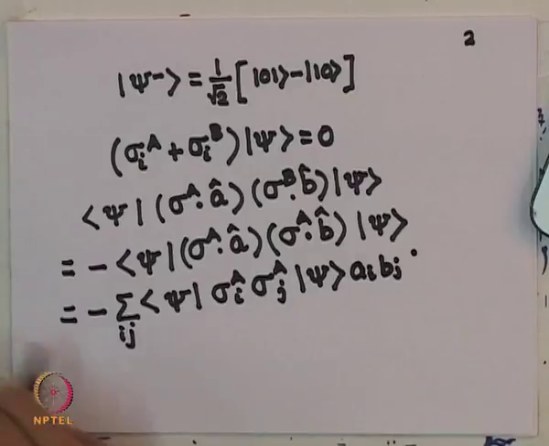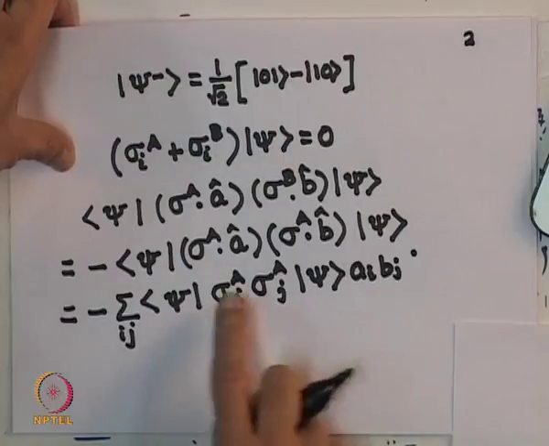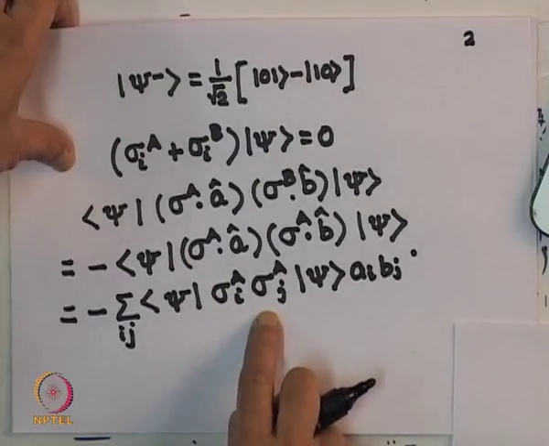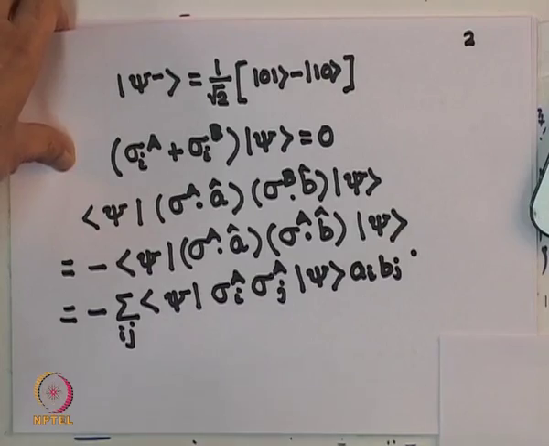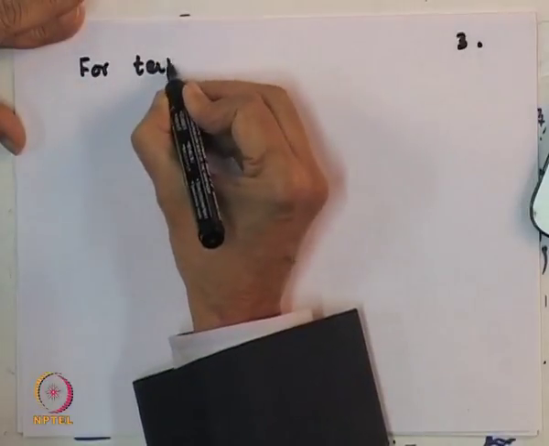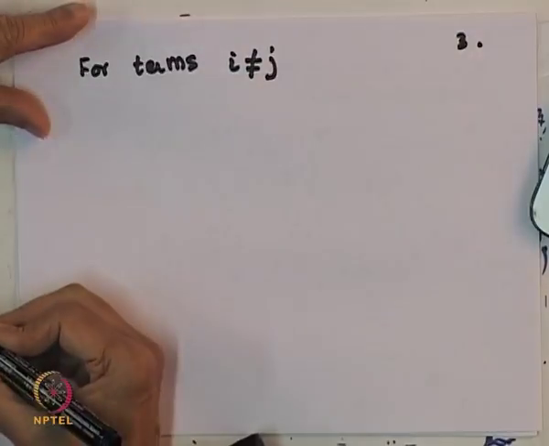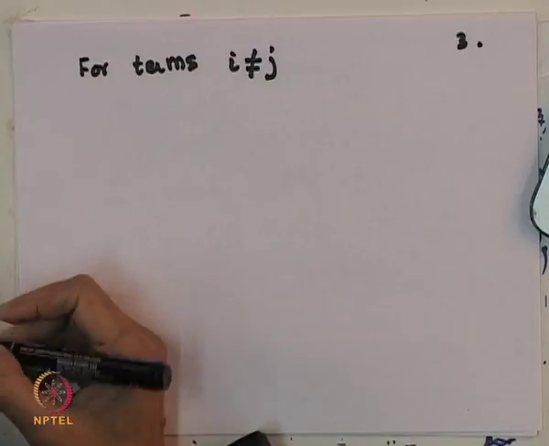Now let us actually take a bit of time in calculating this quantity. There are several terms here, to be precise, there are 9 terms. Let me see what are the off diagonal components, namely terms for which i is not equal to j. For terms i not equal to j, there are 6 terms there.